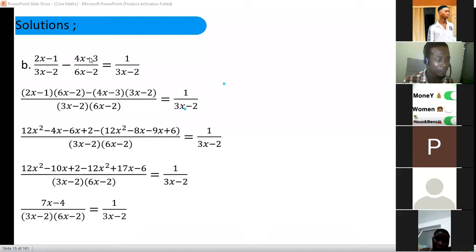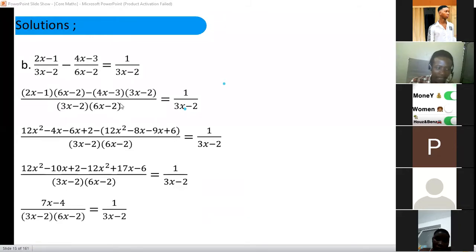That is the numerator of the second fraction, multiplying the result, which is 3x minus 2, when I divide the LCM by the denominator 6x minus 2. So I'll get 4x minus 3 into bracket, another bracket, 3x minus 2. I hope you're all okay with this. Still, all over 3x minus 2 into bracket 6x minus 2.